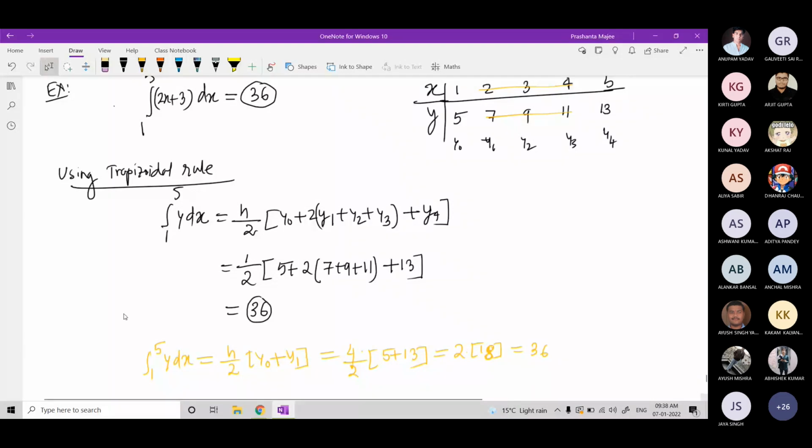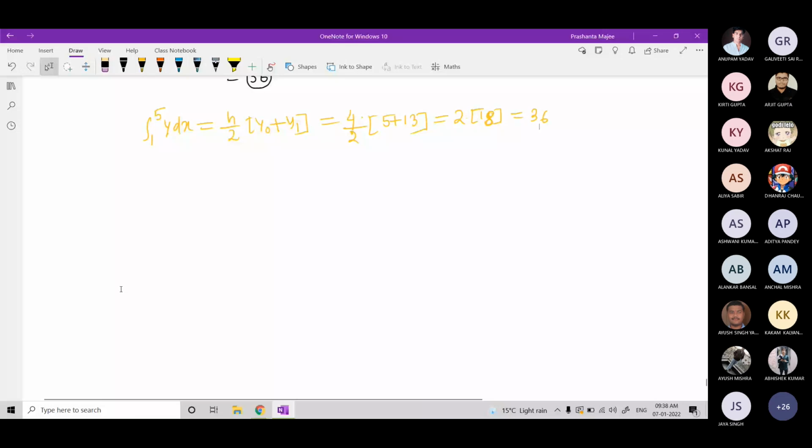Now, if you want to apply Simpson's rule, let me take another integrand. Let us consider which integration I should give you. Let me take the example from the book.